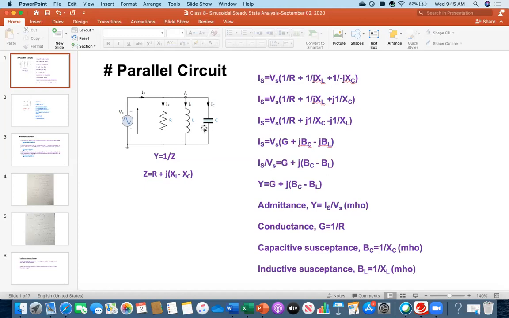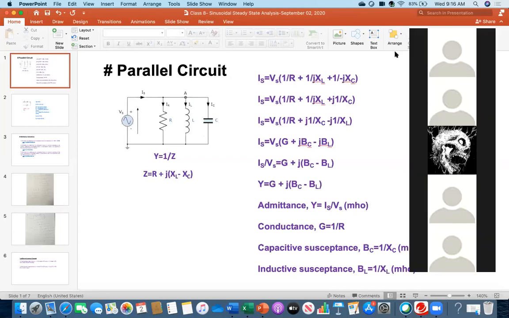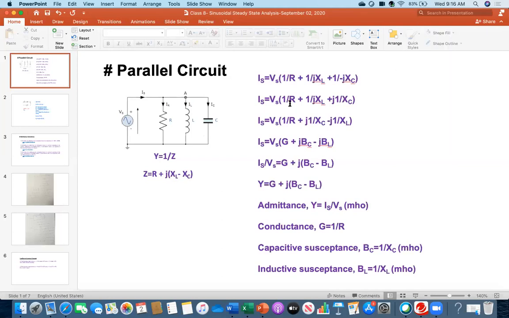So instead of Vs over L, it is Vs over its reactance, jXL. Then for the capacitor, it is Vs over minus jXC, because minus jXC is the impedance or reactance for this component.